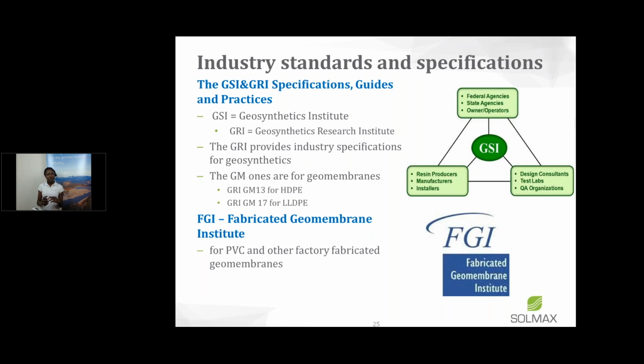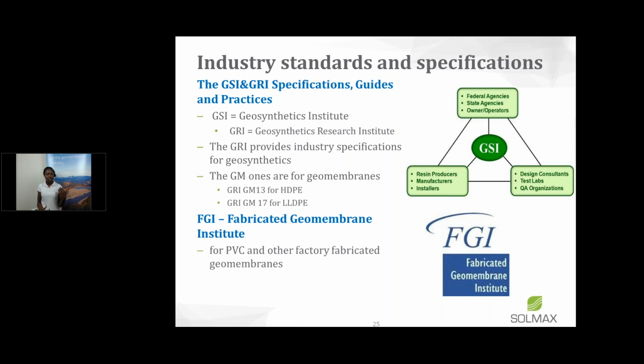The Geosynthetics Institute has the research section where they test all geosynthetics, geomembranes, and the right test methods and specifications based on a benchmark value that they arrive at for testing different materials. So the GRI has industry specifications for geomembranes.